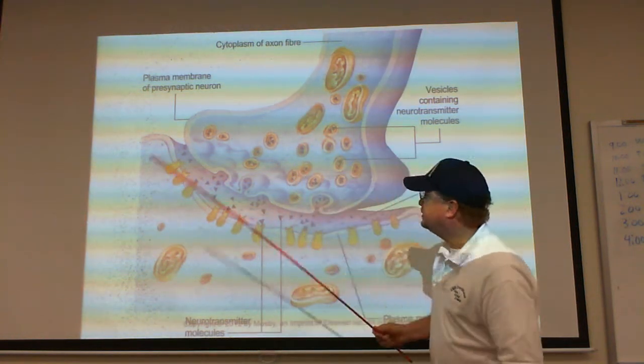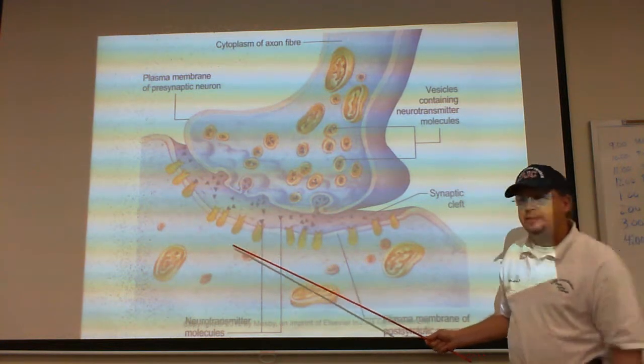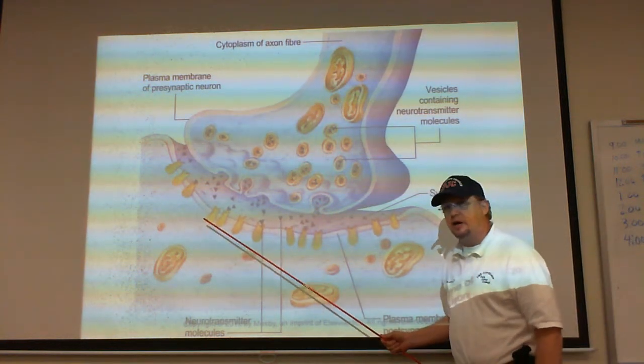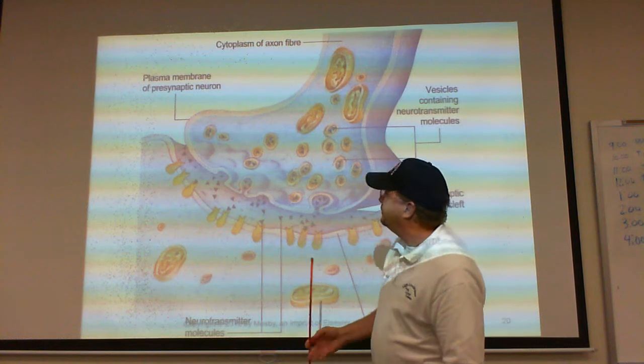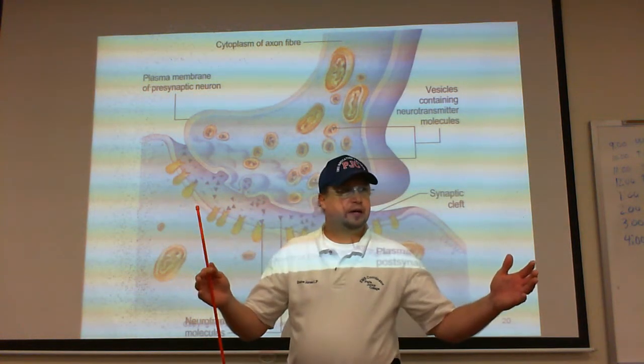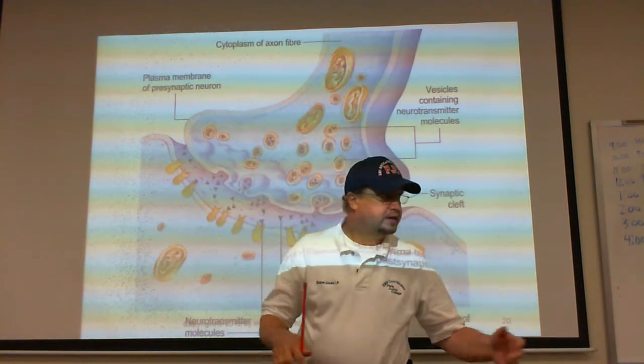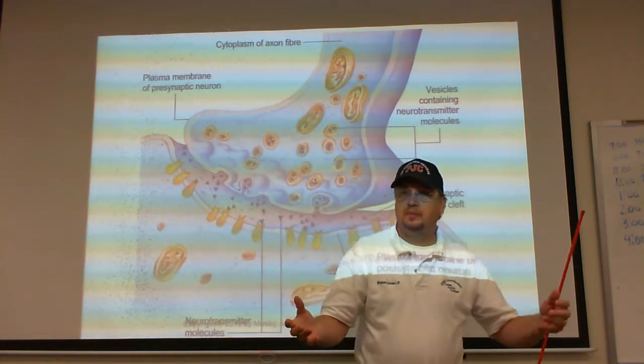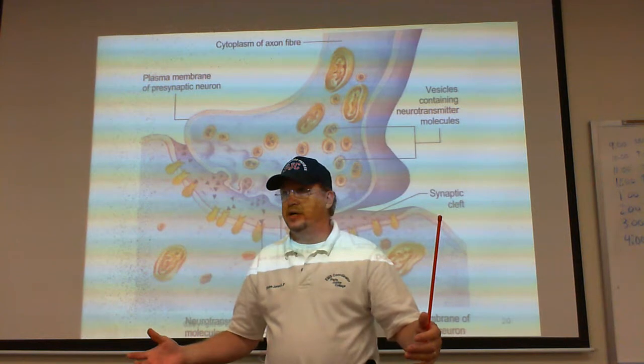Now, remember, this is one that we used as an example. Then we use heart tissue. Let's just pick another tissue that the sympathetic nervous system affects, and you remember what your bronchioles do.